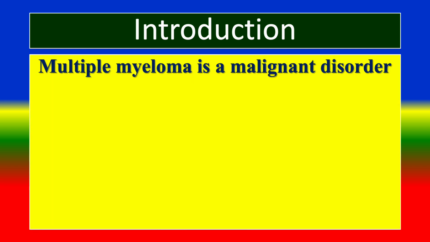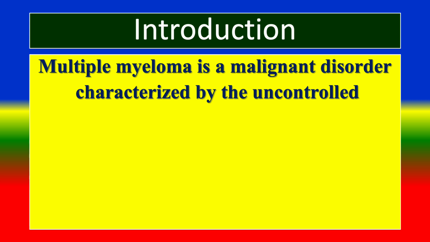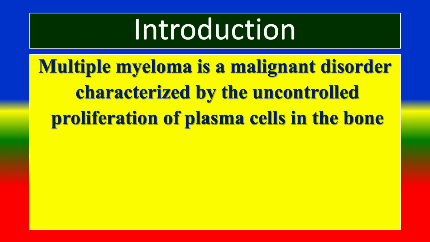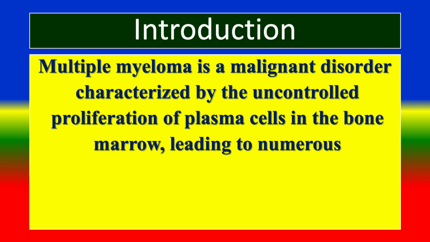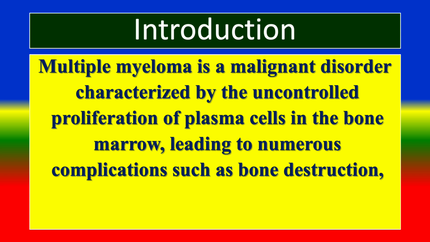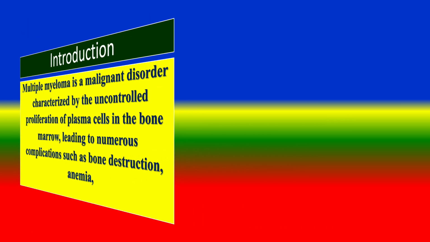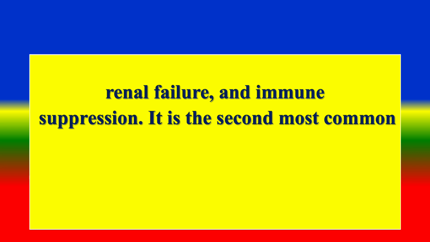Introduction. Multiple myeloma is a malignant disorder characterized by the uncontrolled proliferation of plasma cells in the bone marrow, leading to numerous complications such as bone destruction, anemia, renal failure, and immune suppression.